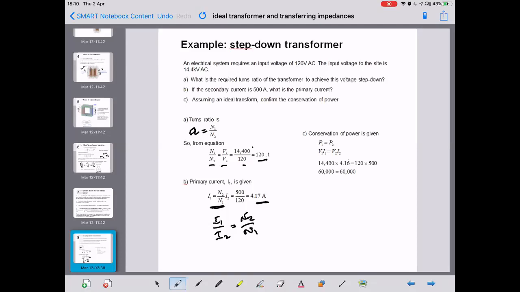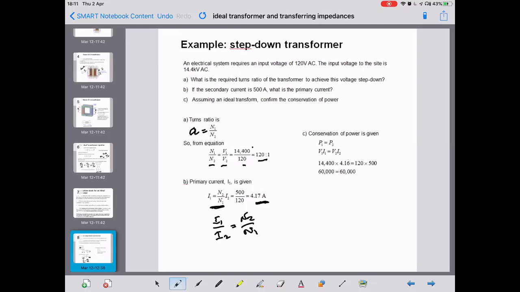Oh yeah, because N2 is 1 from our ratio, I2 is 500 amps, over 120 for N1, 4.17 amps. So for a primary current of 4.17 amps at 14.4 kV, we get a secondary current of 500 amps at 120 volts.